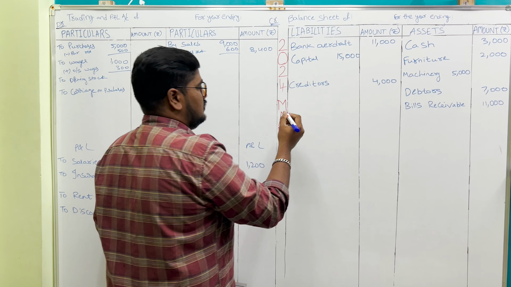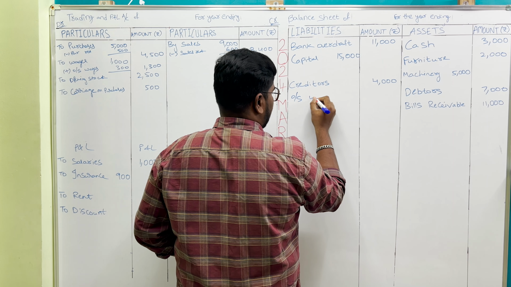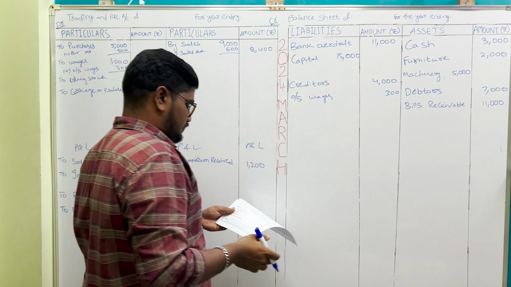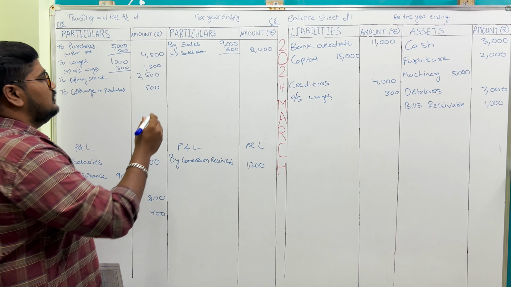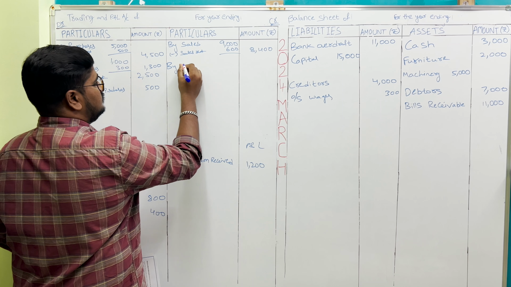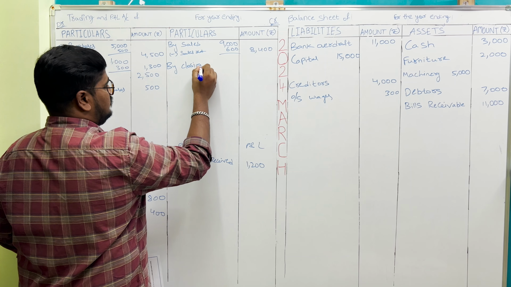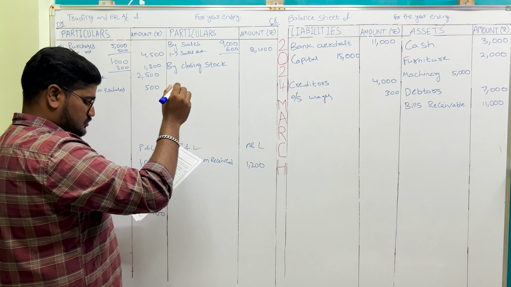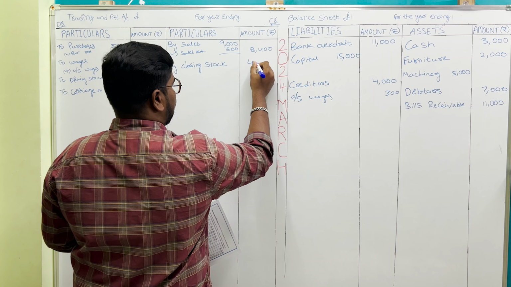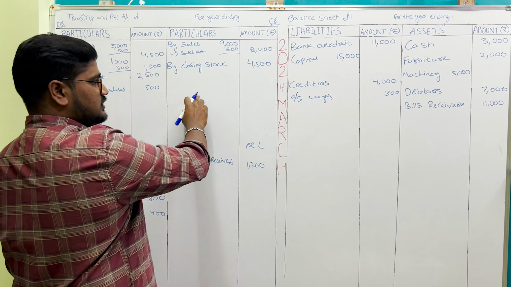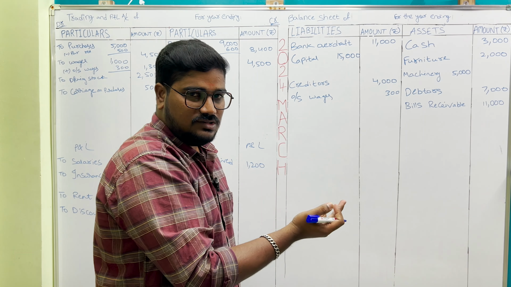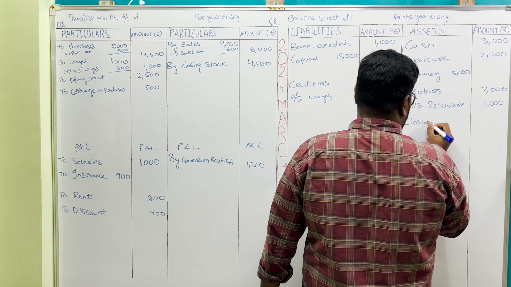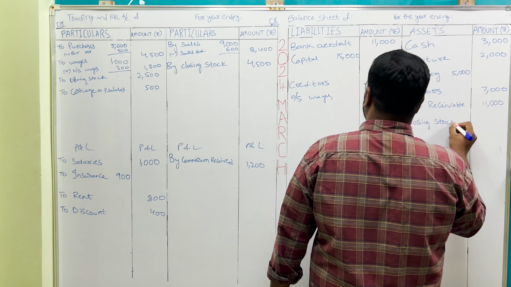Second effect, outstanding wages are liabilities, wages 300. Next, closing stock, by closing stock in the trading account, 4,500. Again, this is the first effect, and second effect is closing stock is an asset. Closing stock 4,500.